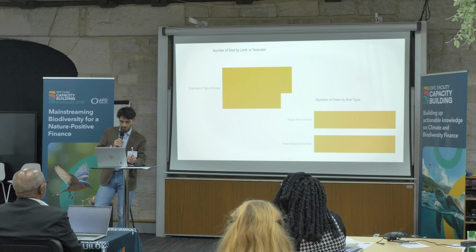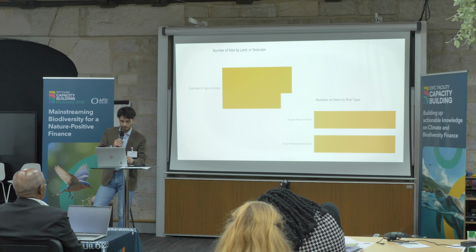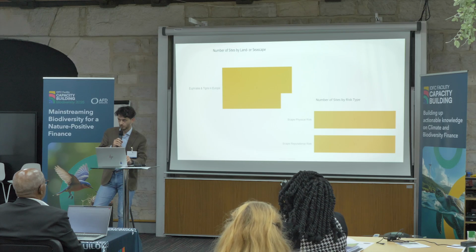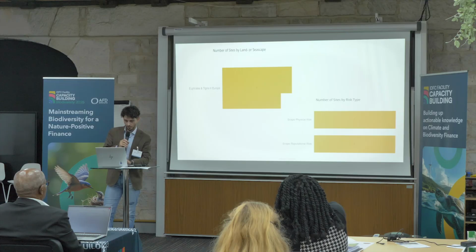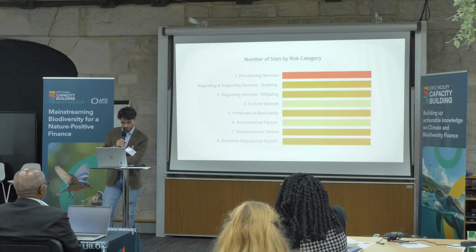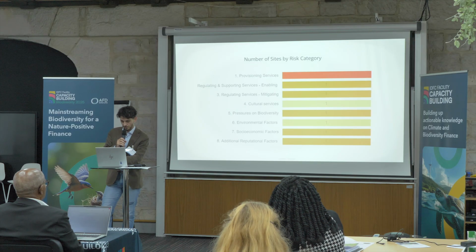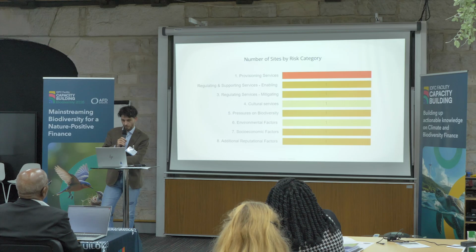Through the WWF platform, we also identified that there is one natural site that may be directly impacted, which is the river ecosystem of the Tigris and Euphrates. And this is a summary of the indicators and their risks. At the top, we have the provisioning services.